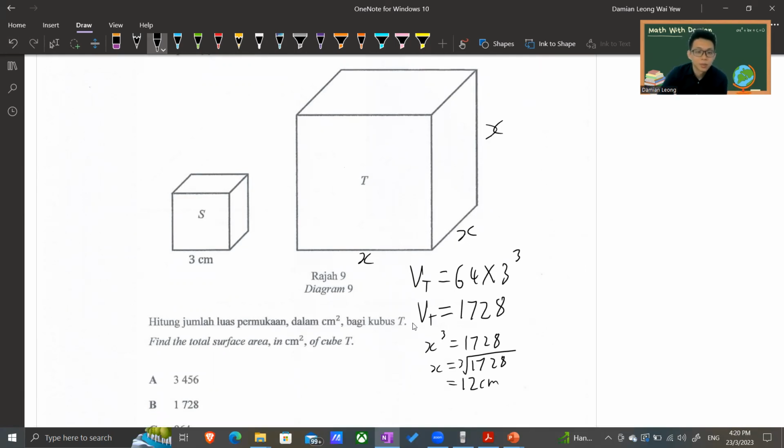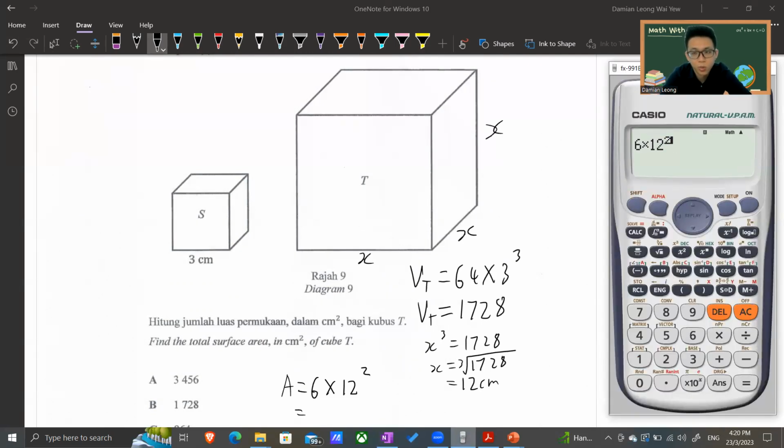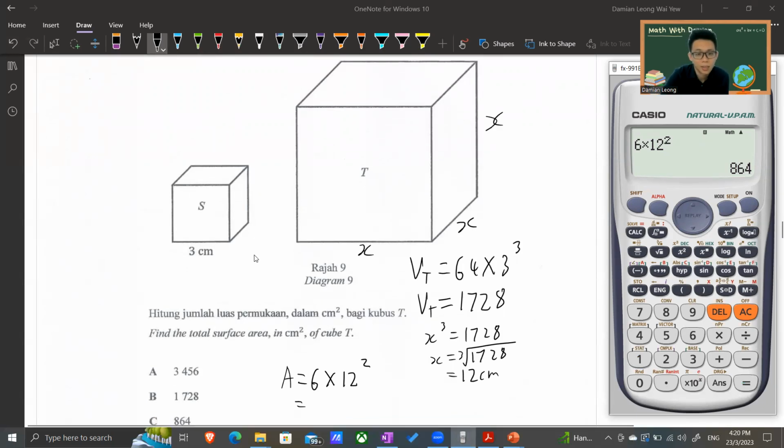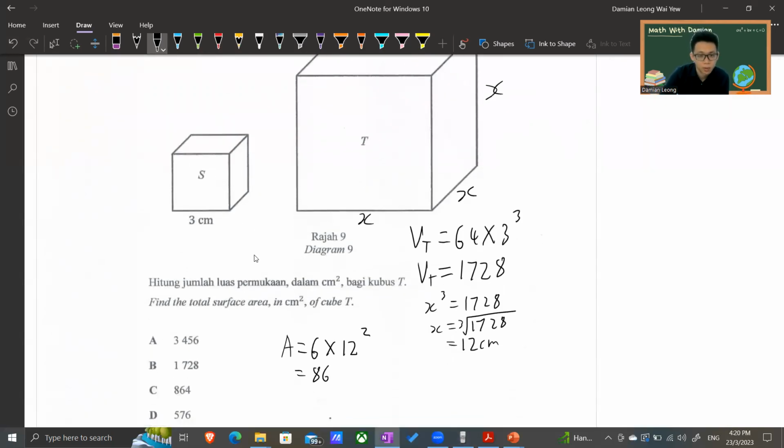So I want the total surface area. 6 surfaces have the same area for cube. Each area is 12 square because 12 times 12. So 6 times 12 square, I get 864 cm square. Answer is C.